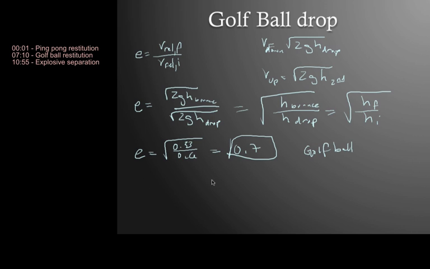For the ping pong ball, we got 0.88. So one thing that we could say here is that the larger the coefficient of restitution, the more elastic the collision is. So if E is 1, this is a perfectly elastic collision.